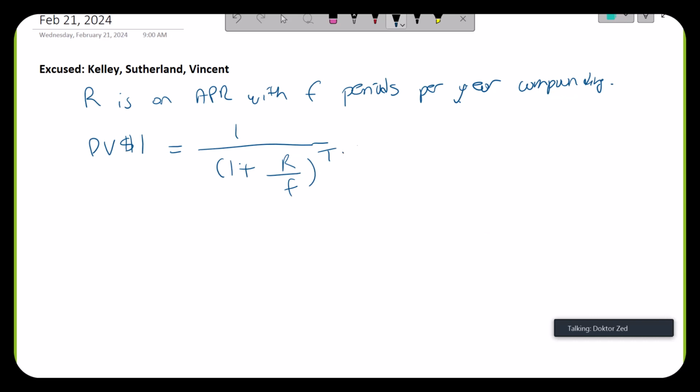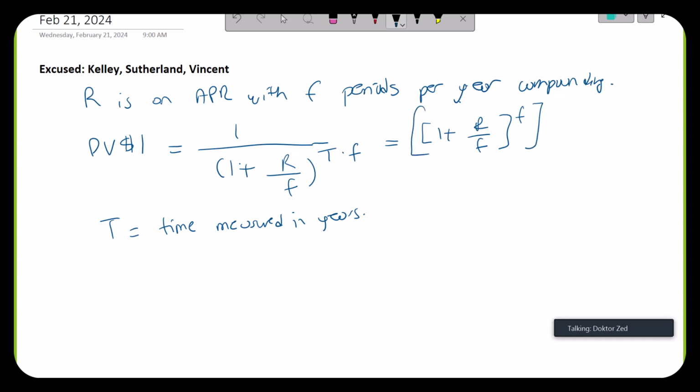Time times f, where time is measured in years. You can rewrite this as 1 plus r over f raised to the power f, all raised to the power t.